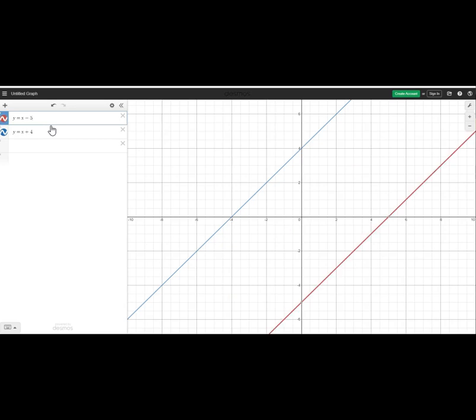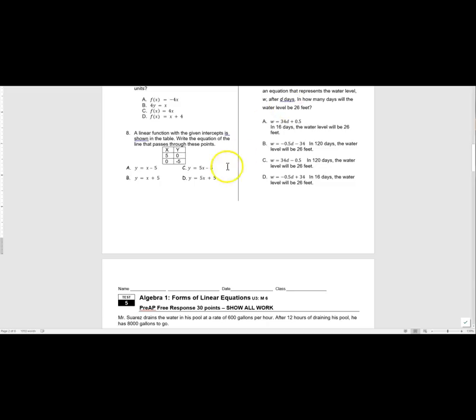And we can see here that it has a y-intercept of (0, -5), an x-intercept of (5, 0), and that's exactly what the intercepts given in the table are. So the answer choice there for question number 8 is A.